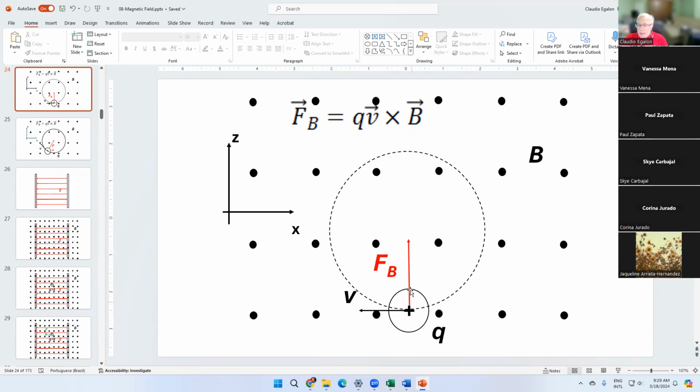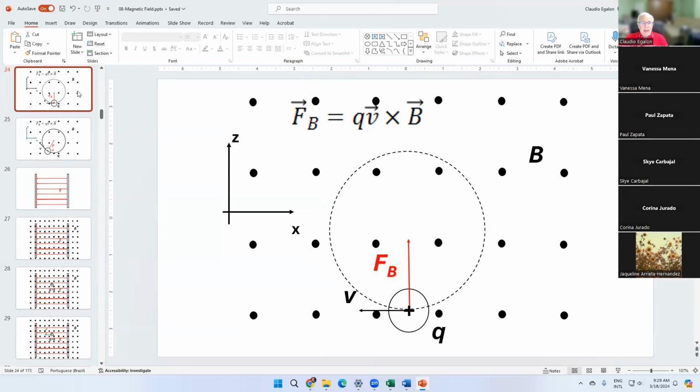And then we end up having a constant magnitude of the magnetic force that's always pointing perpendicular to the velocity vector. That's the case of V perpendicular to B. And because of that, the particle undergoes a uniform circular motion.